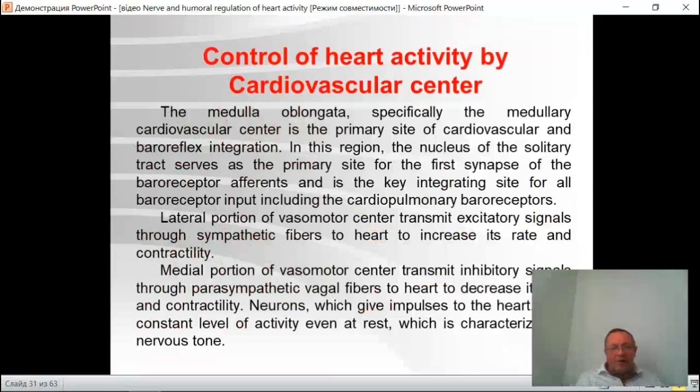Control of heart activity by the cardiovascular center. The medulla oblongata, specifically the medullary cardiovascular center, is the primary site of cardiovascular and baroreflex integration.